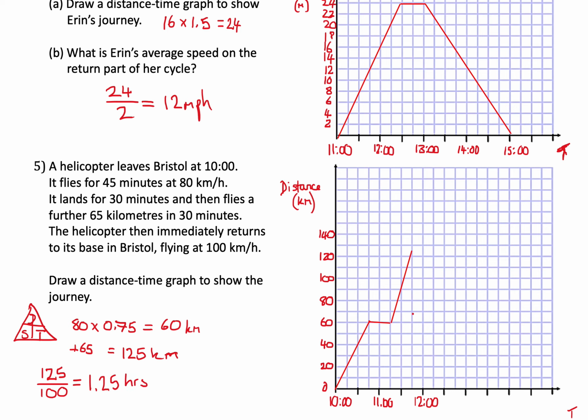We're already at 11:45 here, so it's going to get back at 1 o'clock. So I perhaps could have spaced out my axis on the bottom here a little bit more, but that'll be fine. There we go.